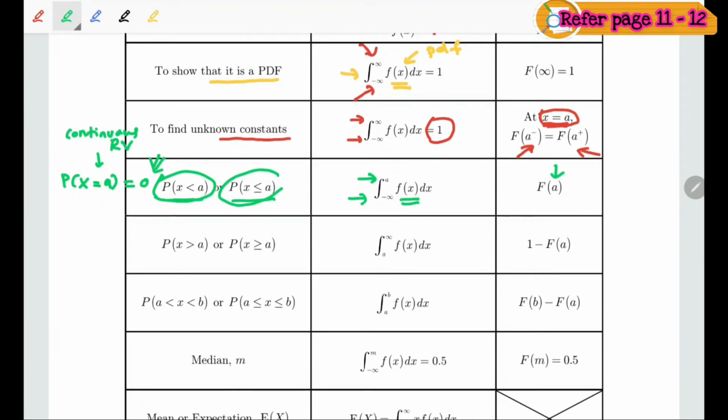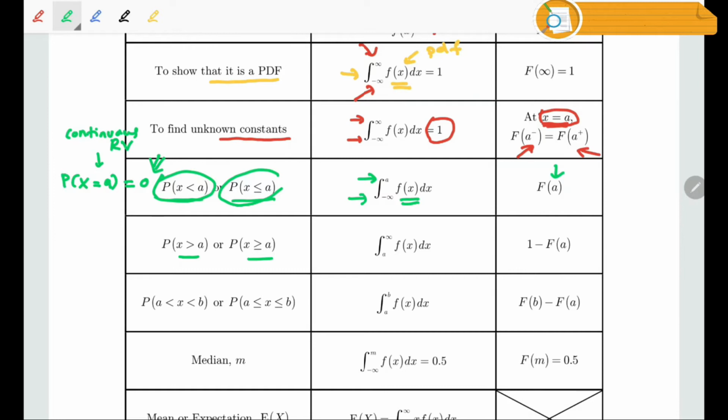And then continue with, if the question asks for greater than a, or greater or equal, you have to remember that for the continuous random variable, it doesn't matter whether it has the equal sign or not. It will be the same.